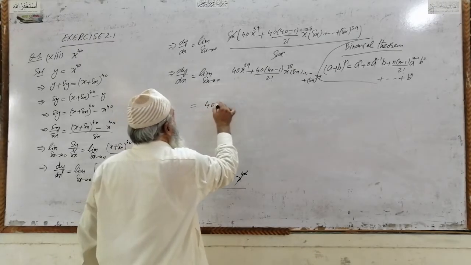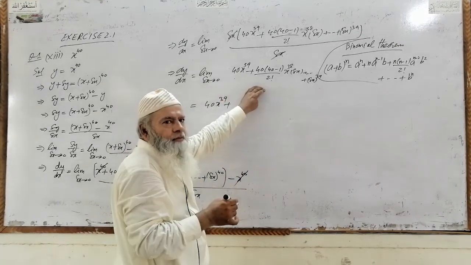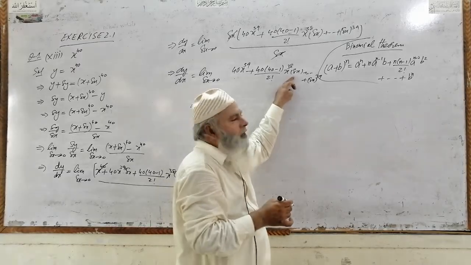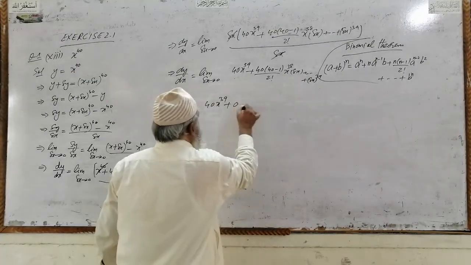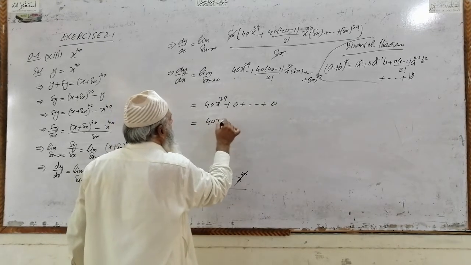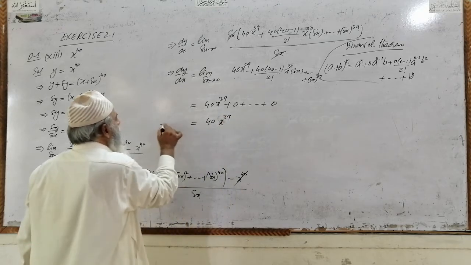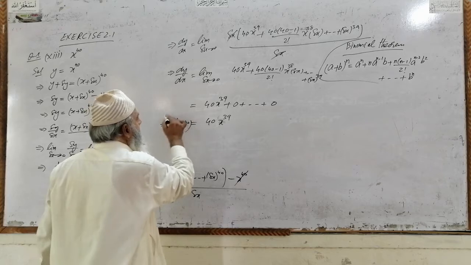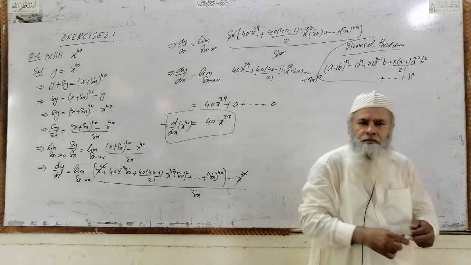Now when you put delta x as 0, all the terms except the first term will become 0, because all the remaining terms involve delta x. That's why these terms will become 0, and ultimately we will have 40 x raised to power 39, the derivative of x raised to 40 is equal to 40 x raised to 39.